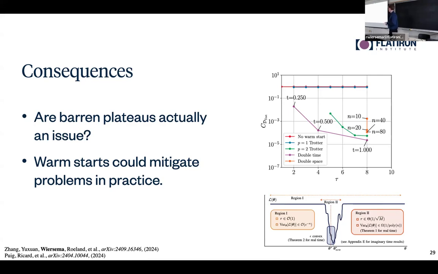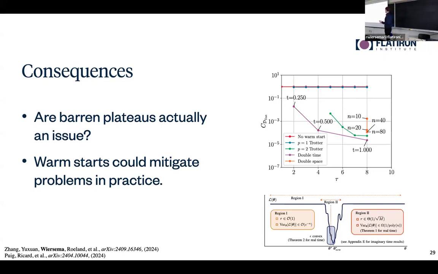There has been some work. Wiersema and I have done work where we train variational circuits on 80-qubit systems, where this barren plateau should be extremely severe. And we find that with some clever warm start techniques, you can actually get around these issues, and you can still optimize very well to a very low cost and get the result that you need.